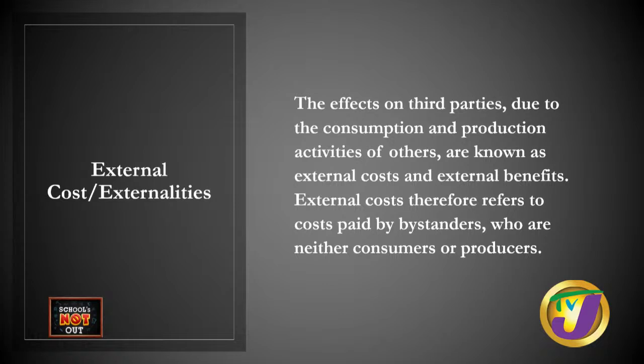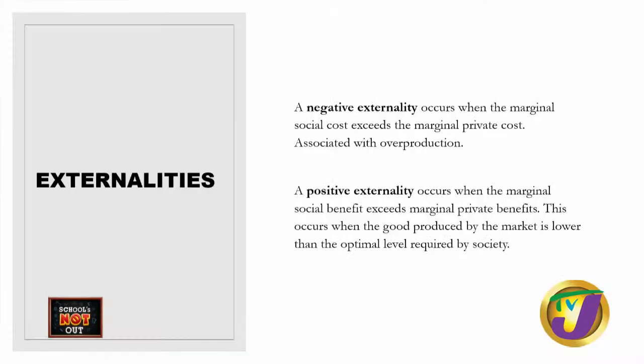So moving on to look at the concept of externalities, I mentioned before that that's the effect on the third party due to the consumption and production of activities by others. I also mentioned that negative externalities are where there's a cost faced by the external party.